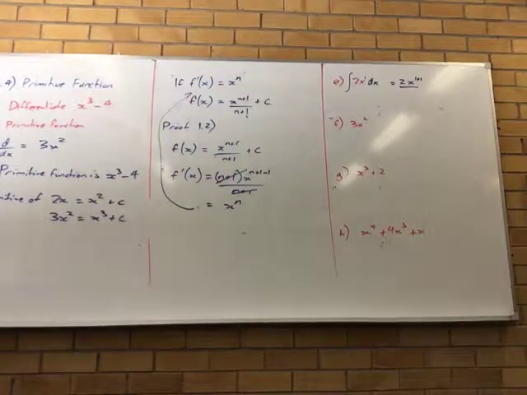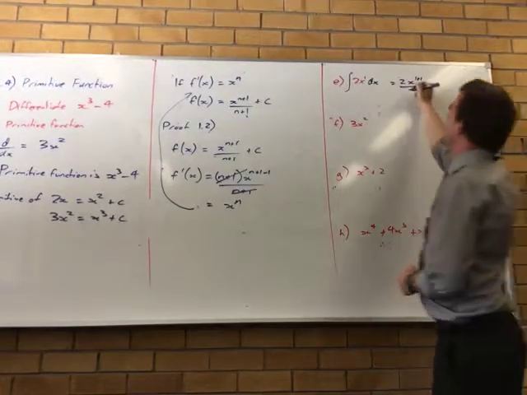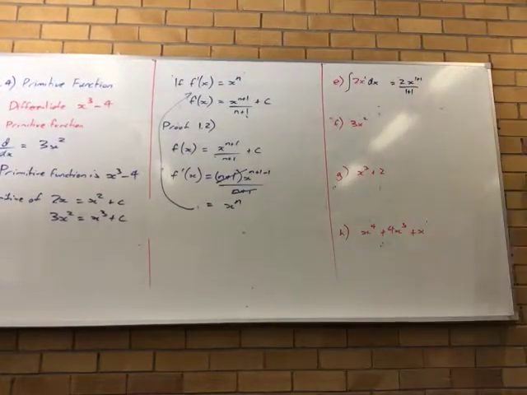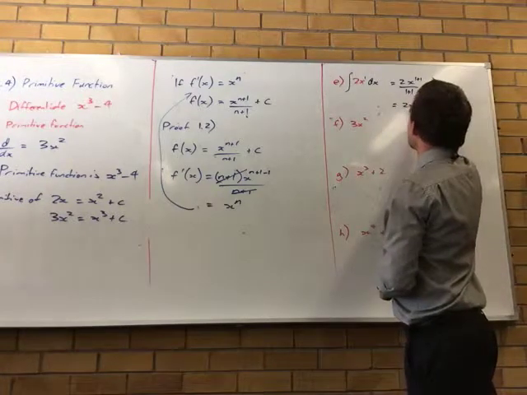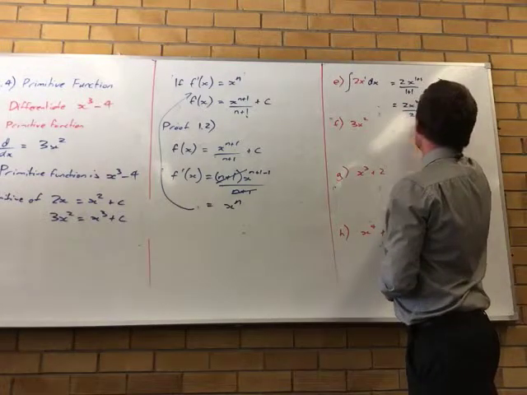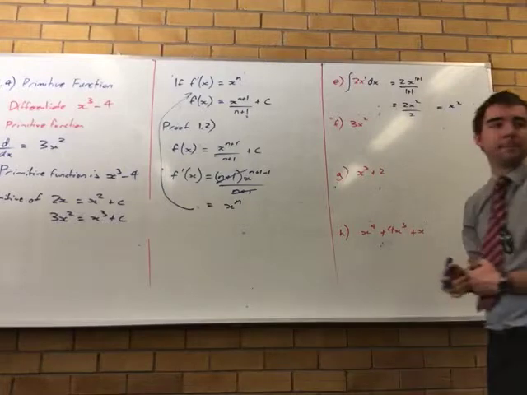Then we put that new power on the bottom, so 1 plus 1 again. So add 1 to the power, put that new power on the bottom, multiply by any constant. Plus... Okay, so 2x squared on 2, which is x squared.